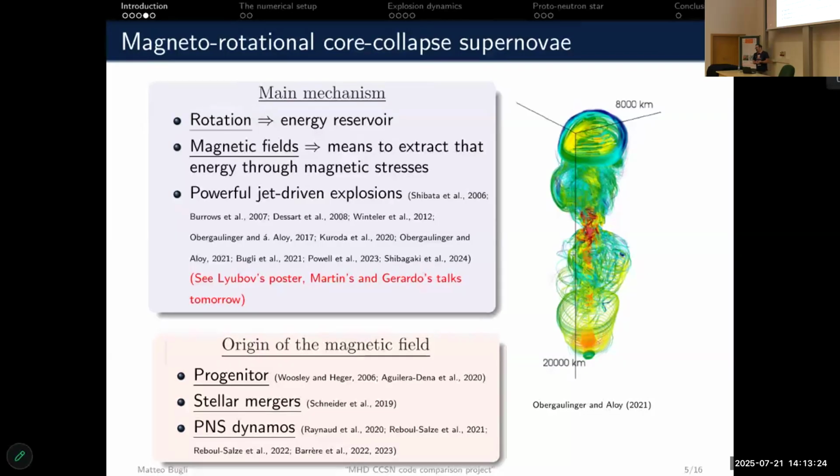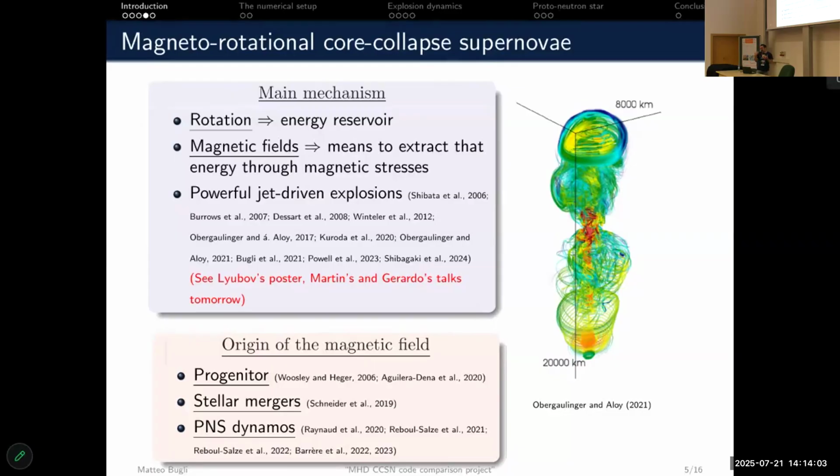There are several suggestions as to how these magnetic fields can be there, when and where we need them to produce these explosions: having fossil fields from the progenitor, or the outcome of previous stellar mergers. One promising scenario is proto-neutron star dynamos, so dynamo processes that occur during the explosion itself, within the PNS, driven by phenomena such as convection in the PNS or the magnetorotational instability.